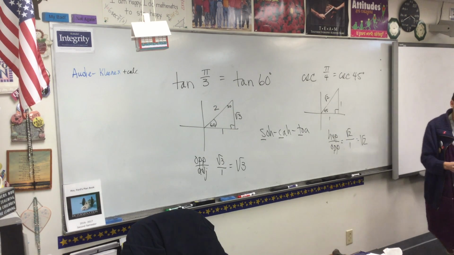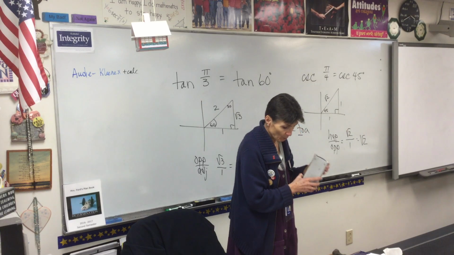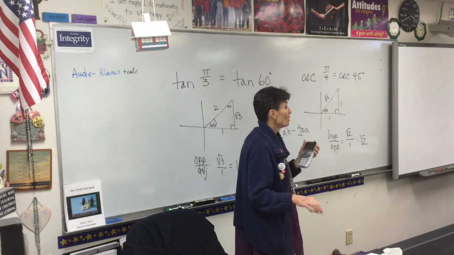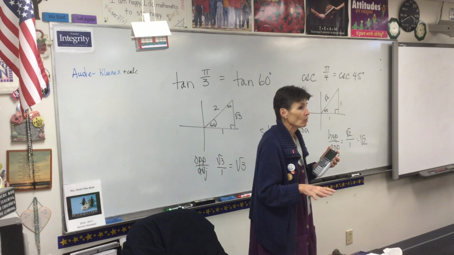Okay, here we go. Now we're going to do some calculator work. Here is the first thing I want you to remember. We've already talked about how to type some of this stuff in, so we'll go back over that.